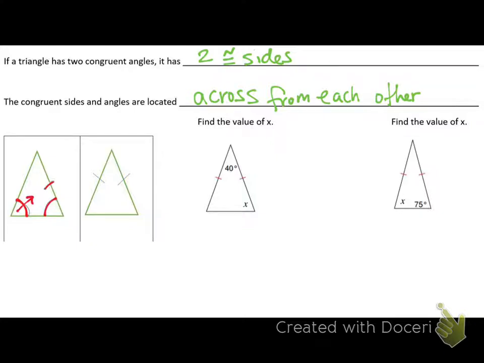The congruent sides will be across from the two congruent angles. So I would mark them if I were you. So the sides would be equal to each other and the angles are equal to each other. Then the same thing, you're given congruent sides, so the angles across can be marked congruent as well.